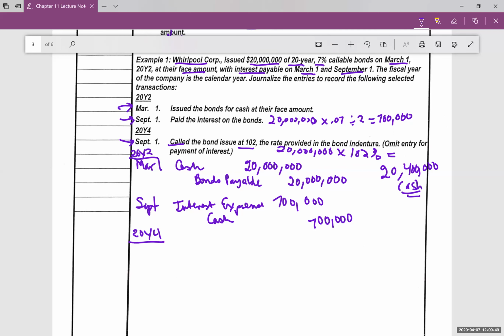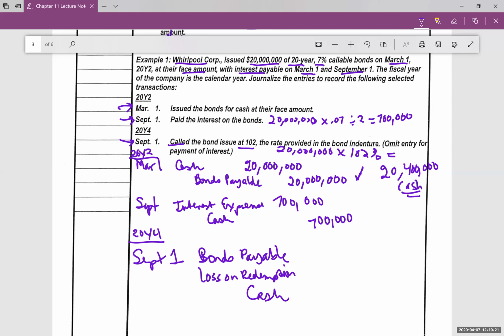So not only did they owe the folks the 20 million, they called it in at a higher amount, and they're going to be paying 20,400,000. So extra 400,000, really. So this is a 3-liner. It is September 1st. Let's write out the 3 accounts. Bonds payable is a debit. We're going to have a loss on redemption, which you guys probably know is 400,000.